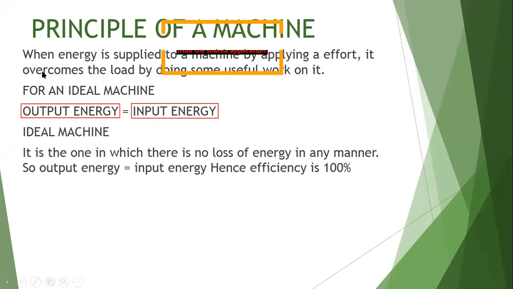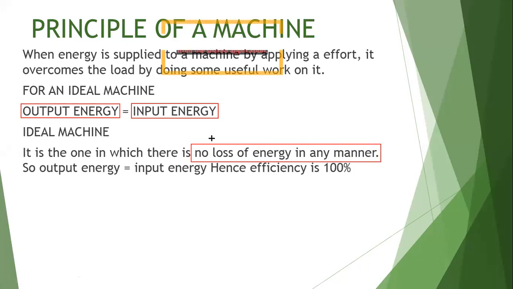So an ideal machine, this is a very important statement, is the one in which there is no loss of energy in any manner. That's the very important characteristic of an ideal machine.